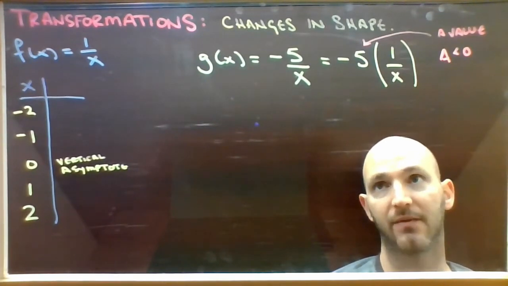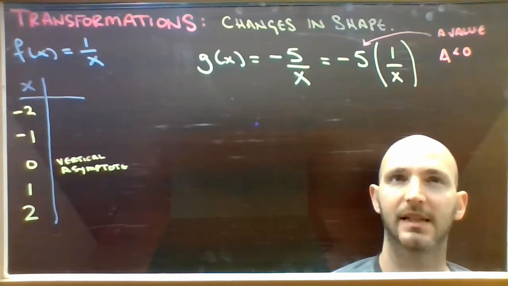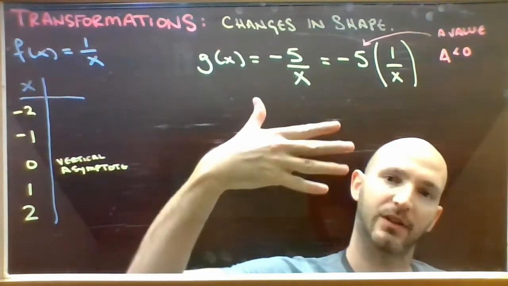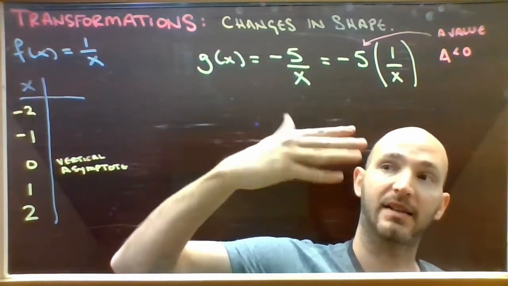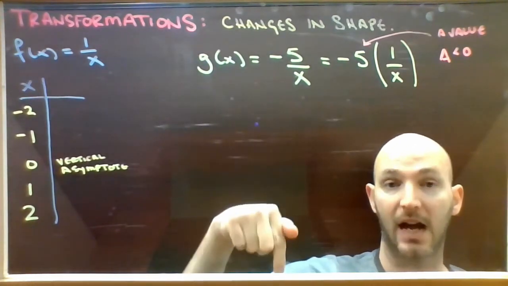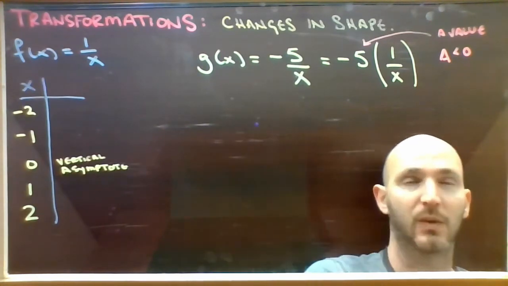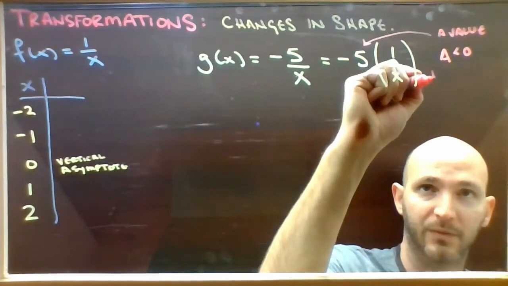Now when you have an a value less than 0, I'm getting a reflection. And since it's an a value, it's a reflection this way, right? It affects the vertical direction. So what used to be up is now down, and what used to be down is now up. So I'm going to write the reflection.